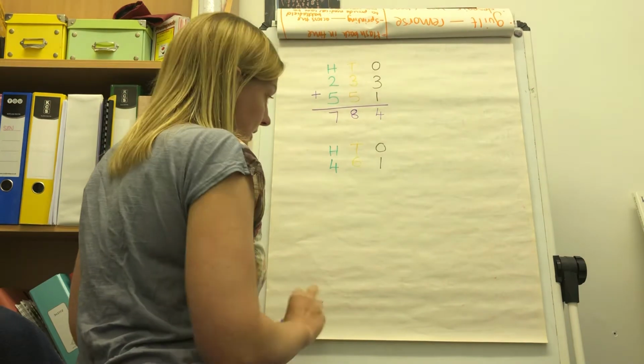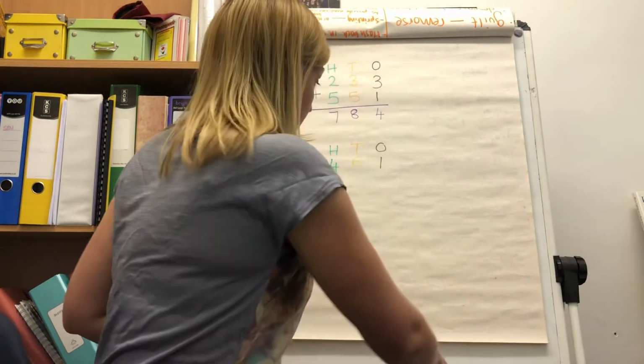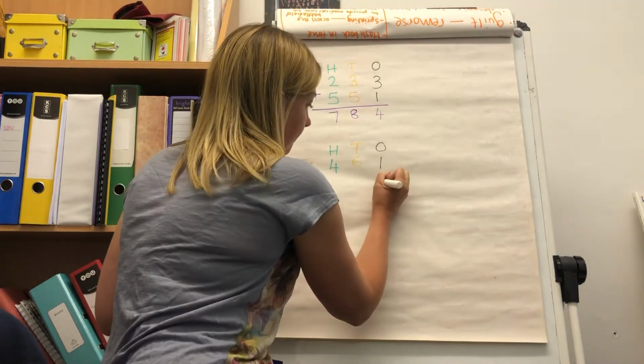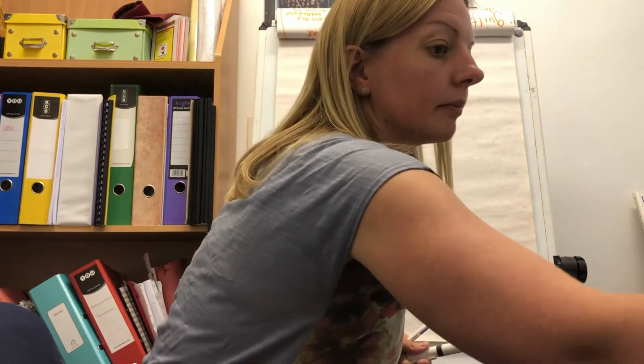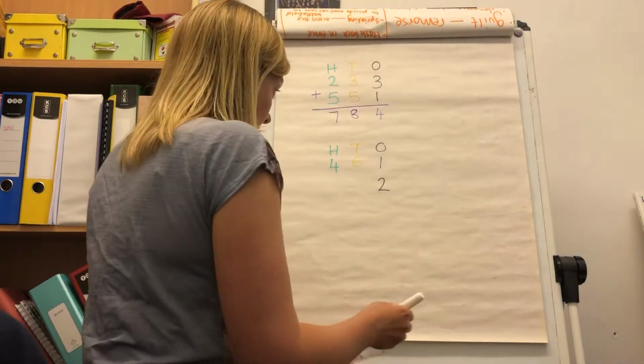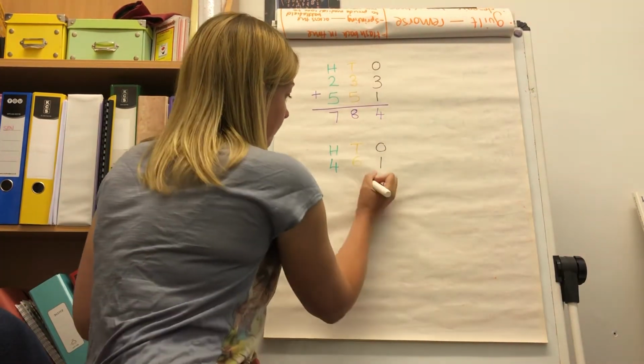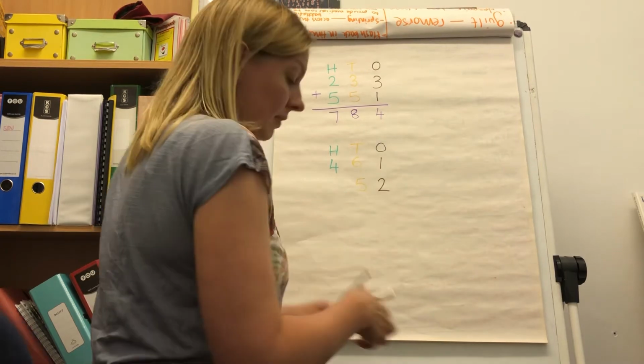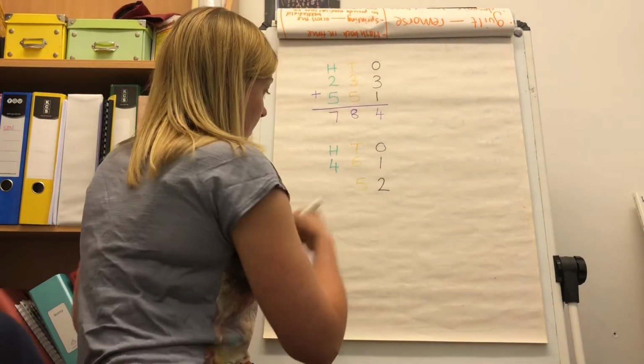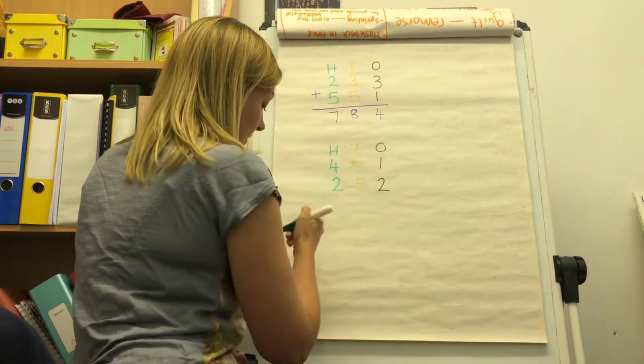My second number, 2 in the ones column, 5 in my tens column, and 2 in my hundreds column.